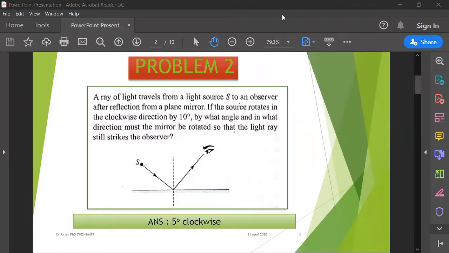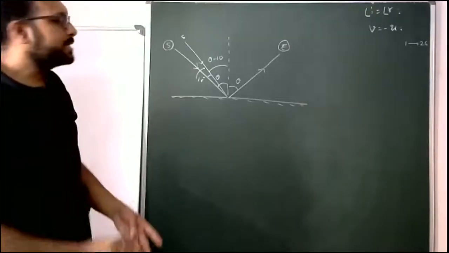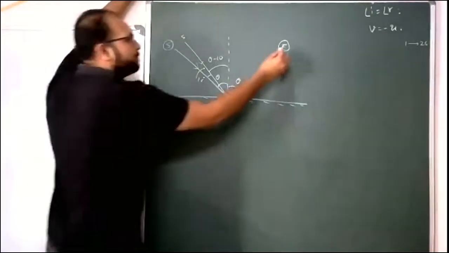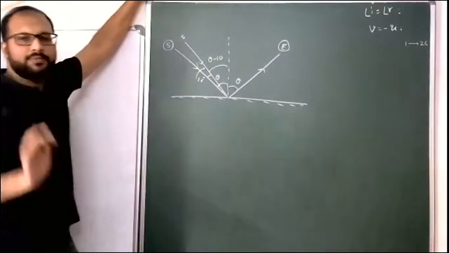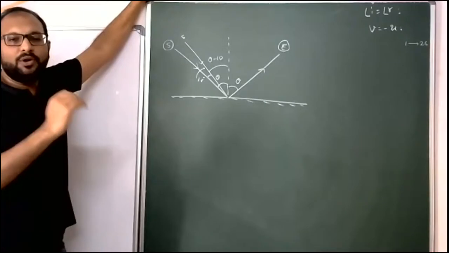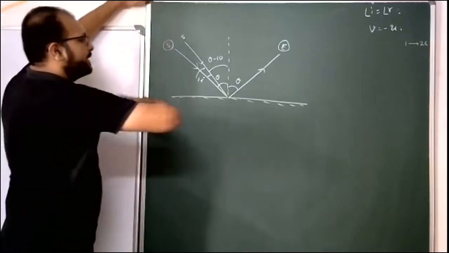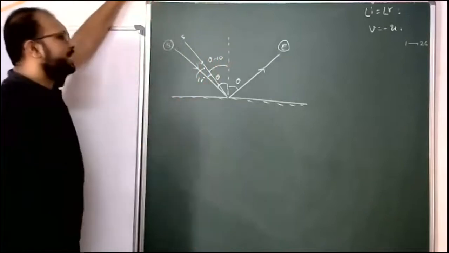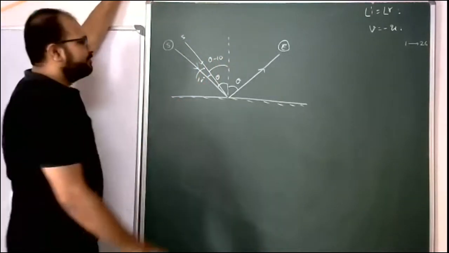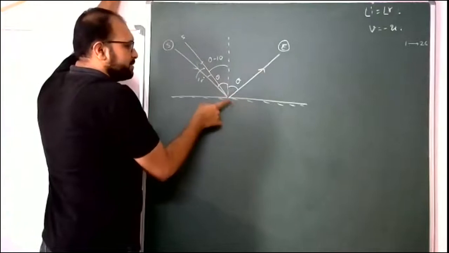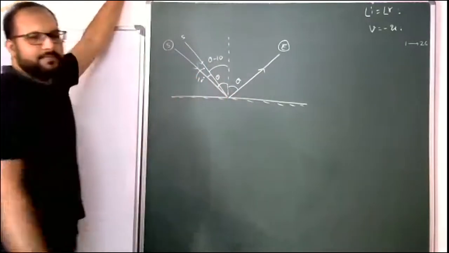Yes, now here listen. The observer is the same. The observer is not moving to any other location. Here only the source is rotated 10 degrees clockwise. So definitely, suppose the mirror is like this.